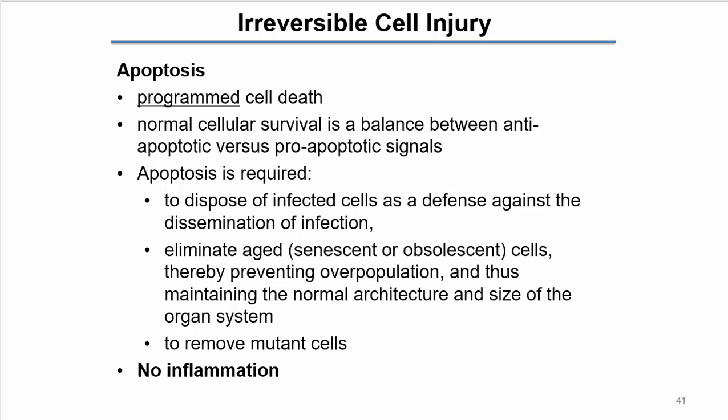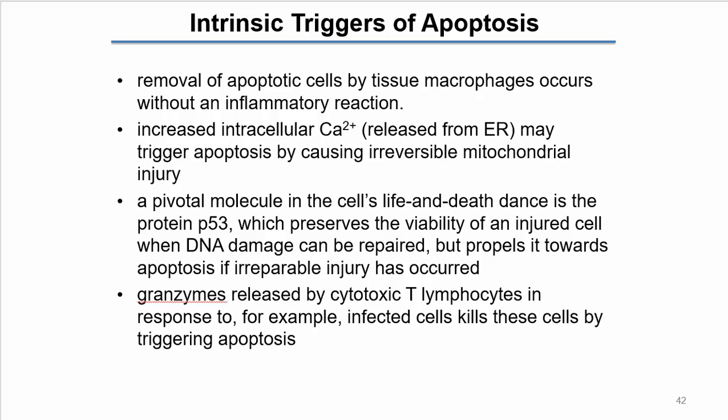Now, the huge difference with apoptosis is it's programmed, it's timed, and it's controlled, so therefore it doesn't cause any inflammation. And this is huge because it doesn't spread then. What happens is these dead cells just get phagocytized, usually by macrophages, and they're removed without any inflammation.